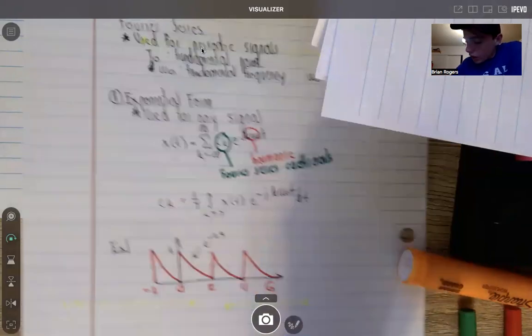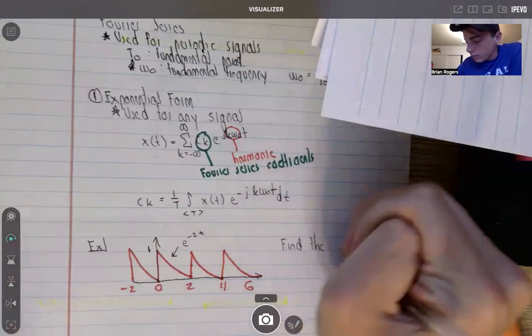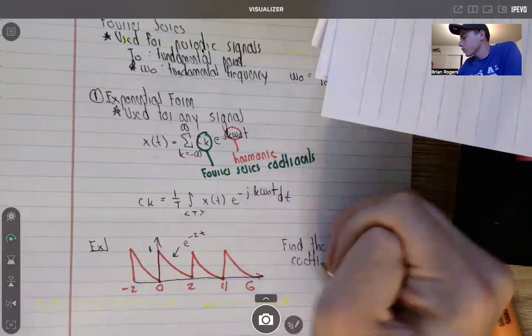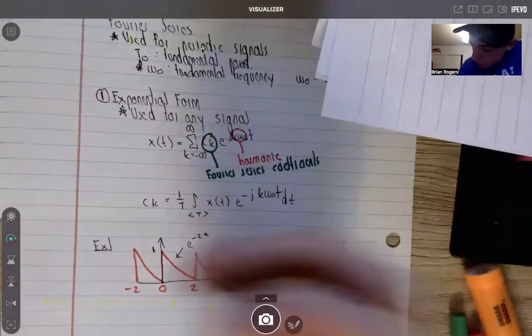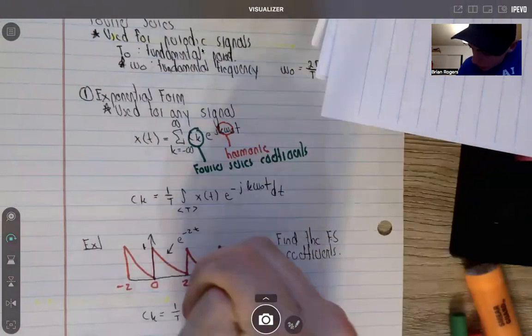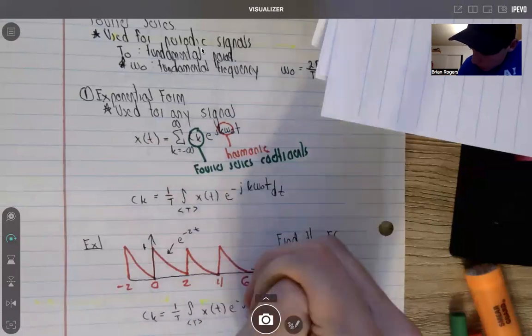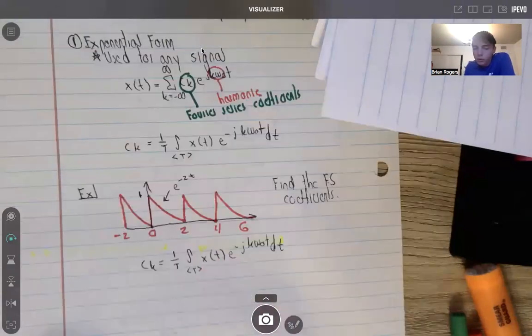If it says find the Fourier series coefficients, how would we approach this problem? We need c of k, which is, remember, 1 over T, integral over 1 period of x of t e to the negative j k omega naught t dt.